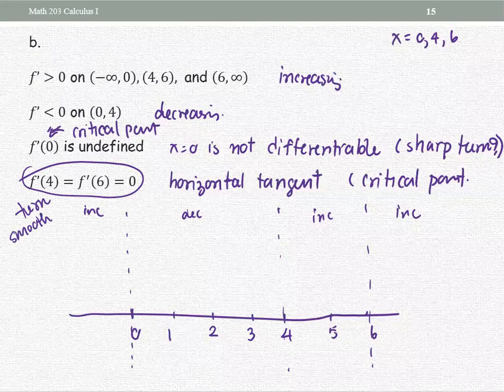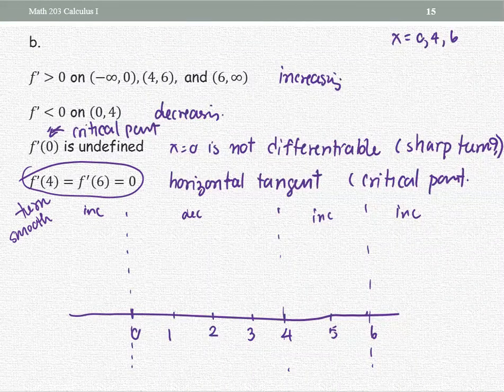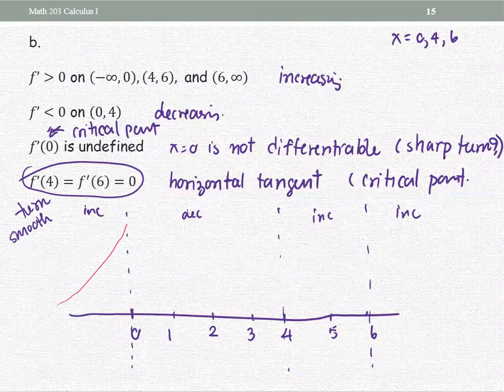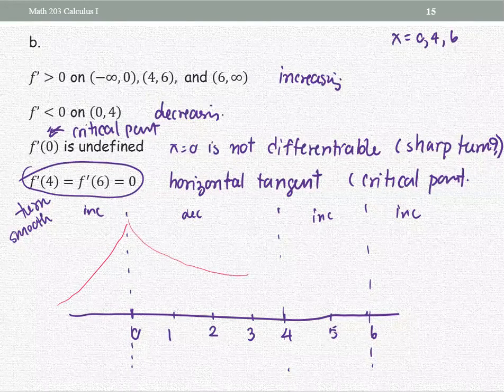To sketch the graph, follow the conditions. On the left of x equals 0, the graph is increasing, and then makes a sharp turn and decreases within the interval 0 to 4. It has slope 0 at 4, and goes back to increasing between 4 and 6, with slope 0 at 6, and becomes increasing again.